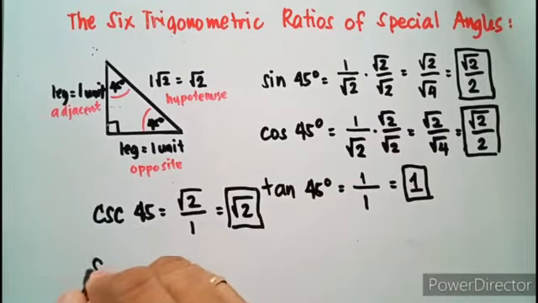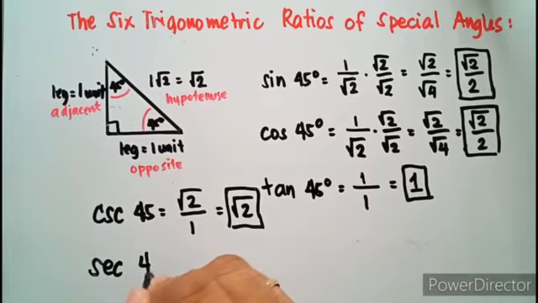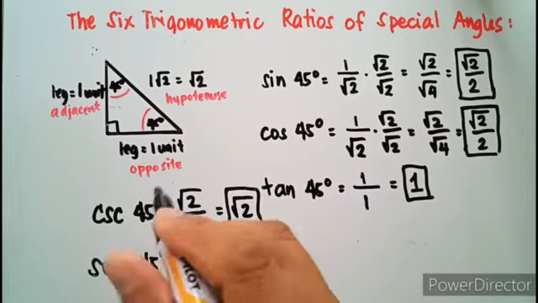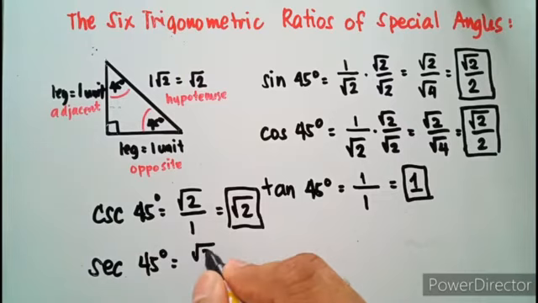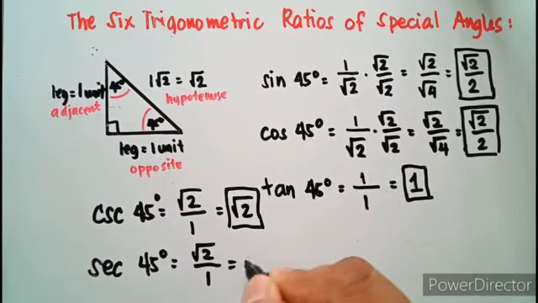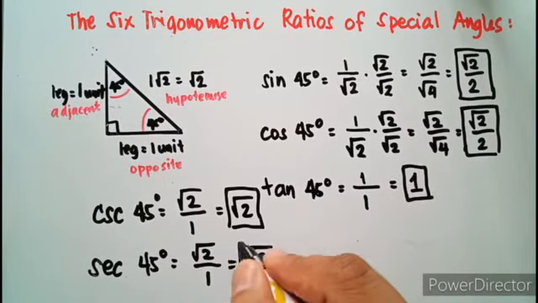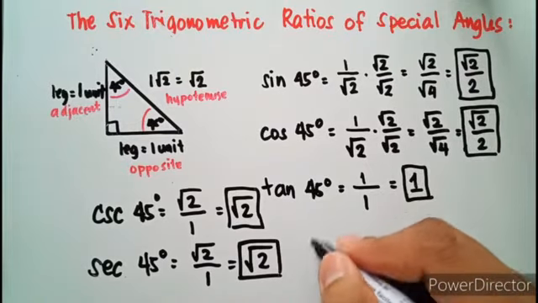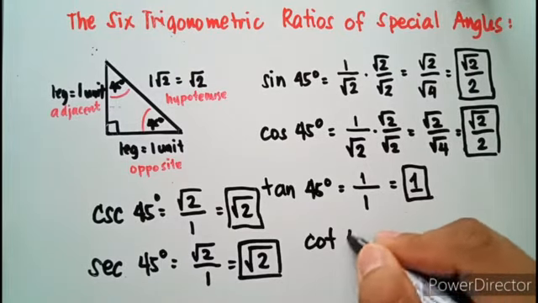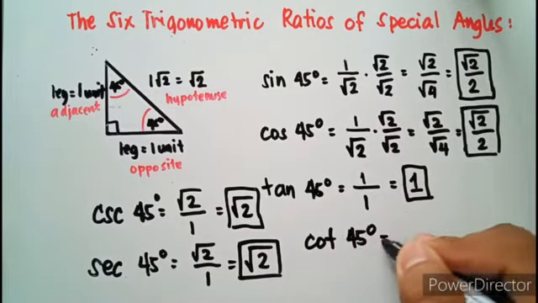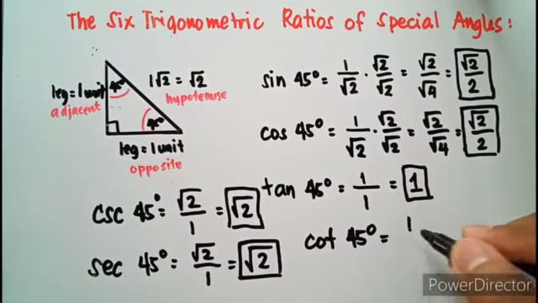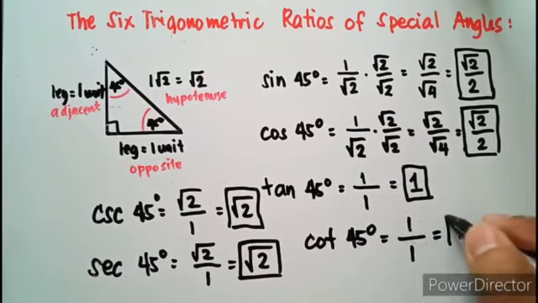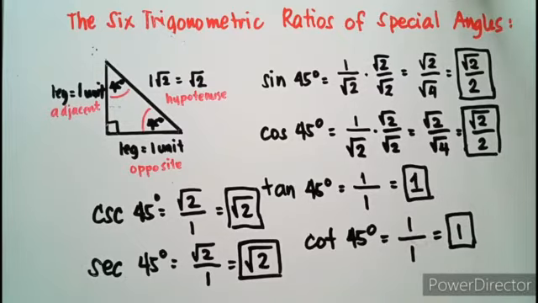Then, for our secant 45 degrees, that is equal to square root of 2 over 1, and that is equal to square root of 2. Then, for our cotangent 45 degrees, that is equal to 1 over 1, which is equal to 1. So, these are the 6 trigonometric ratios for 45 degrees.